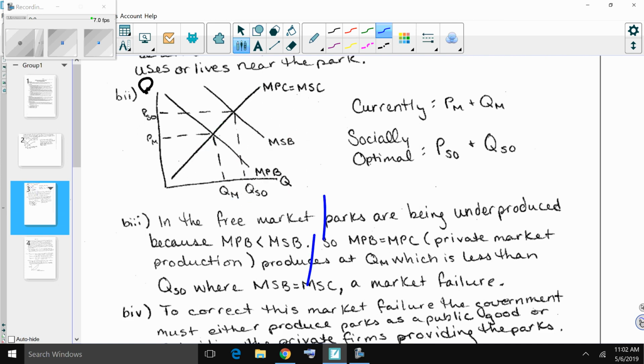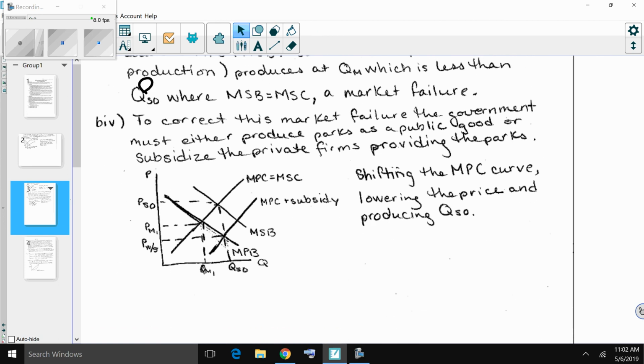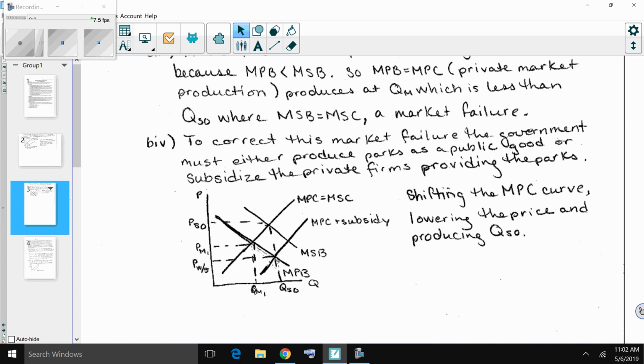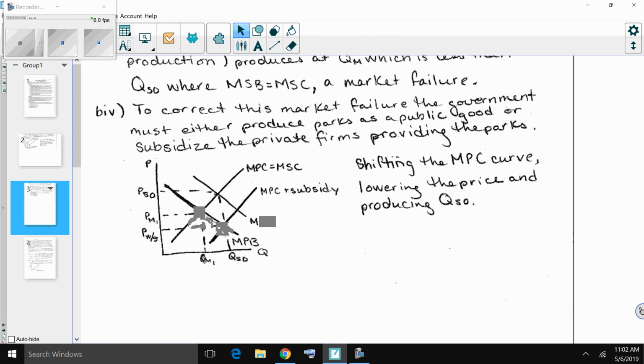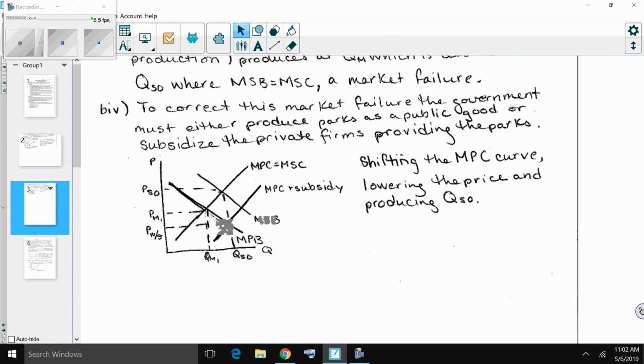All right, so to correct this market failure, what should the government do? Well, we can either produce these as public goods, where they are paid for by tax dollars, or we can subsidize a private firm to provide these parks, increasing their production.